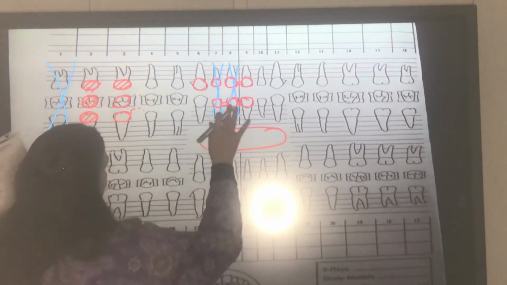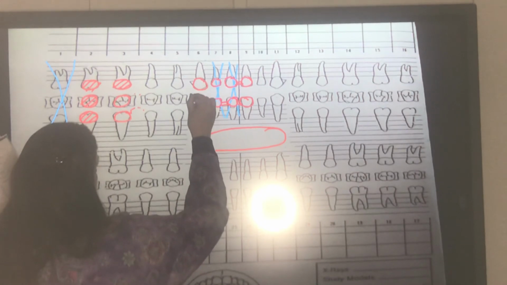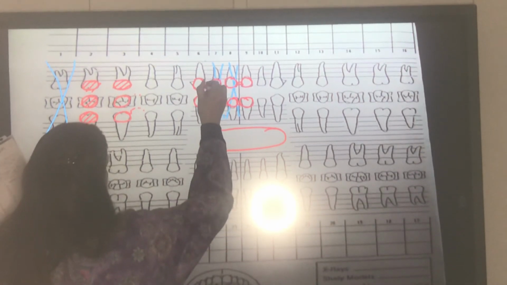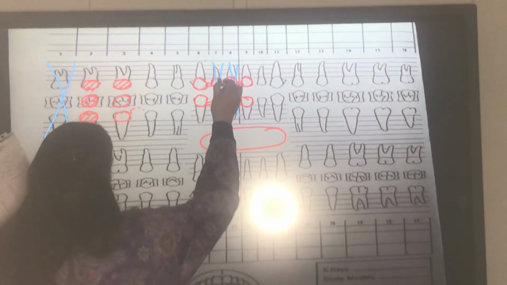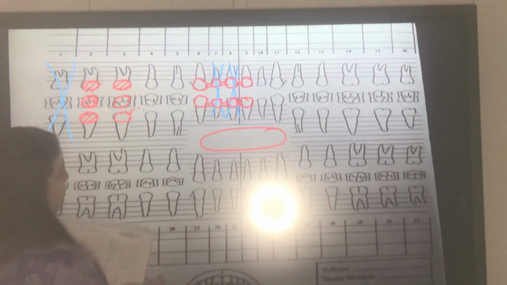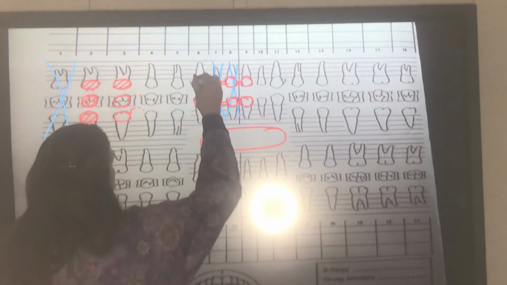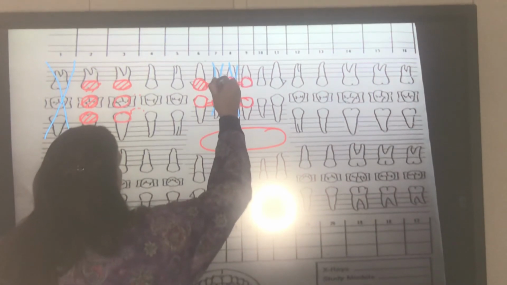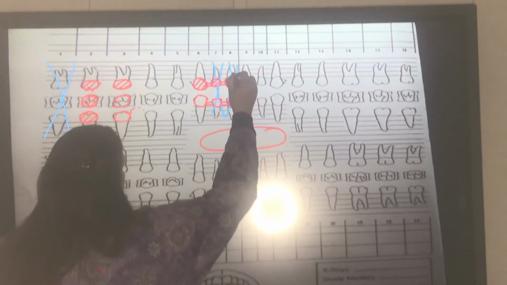And little lines to connect them so we know it's a bridge and not separate crowns. And then because this is a PFM, or porcelain fused to metal, you're going to put the cross hatches on just the facial surface.